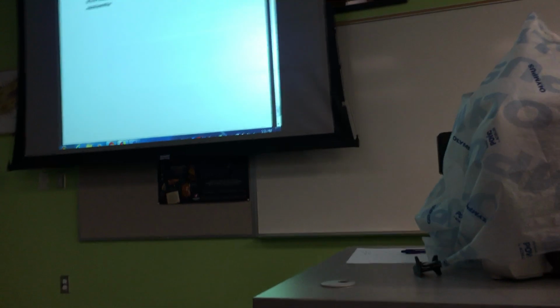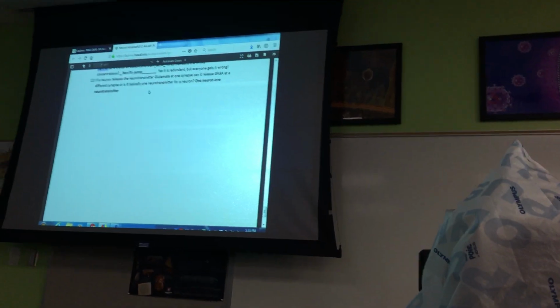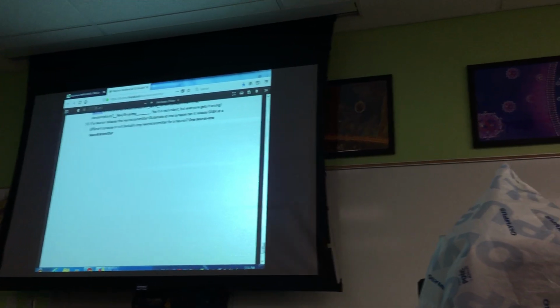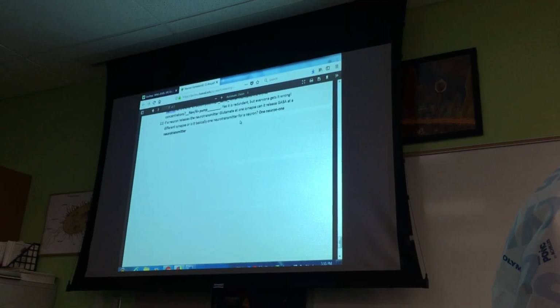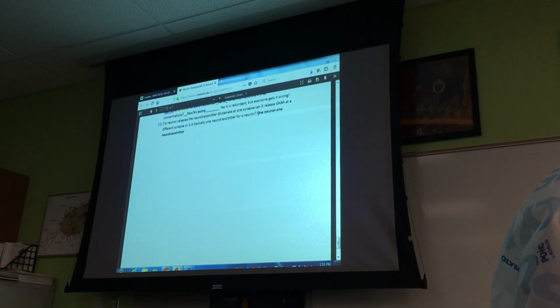If a neuron releases the neurotransmitter glutamate at one synapse, can it release GABA at a different synapse? Or is it basically one neurotransmitter per neuron? For GABA and glutamate, you can only have one neurotransmitter per neuron. So you can't have GABA being released by glutamate neurons and glutamate being released by GABA neurons.